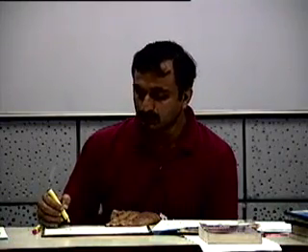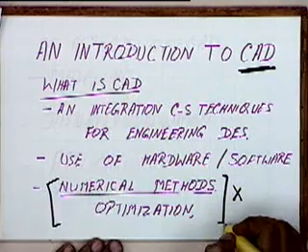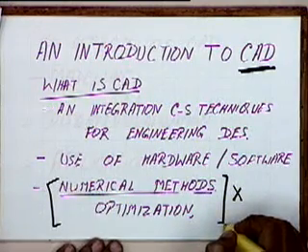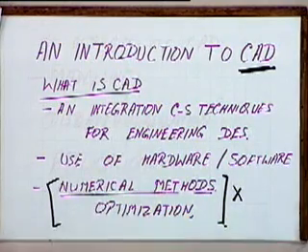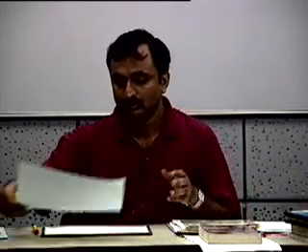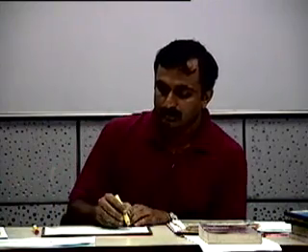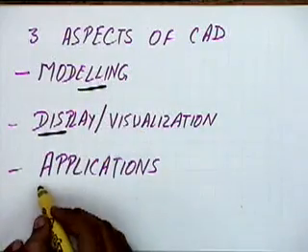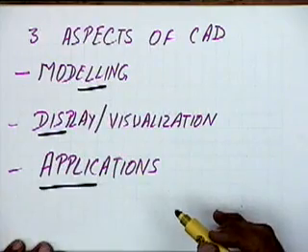We will not be going into numerical methods, optimization, and other such techniques. So this course is going to talk mainly of computer aided design as consisting of modeling, as consisting of its use in display and applications.